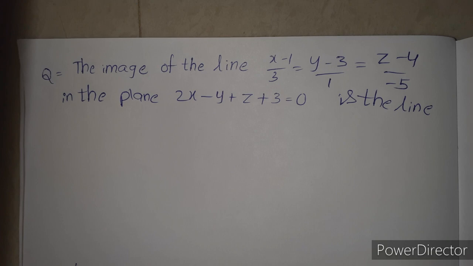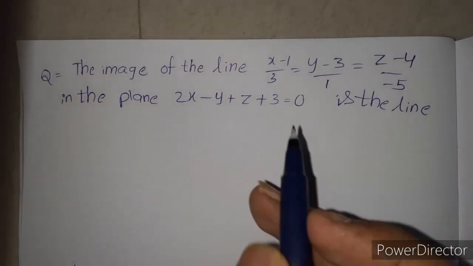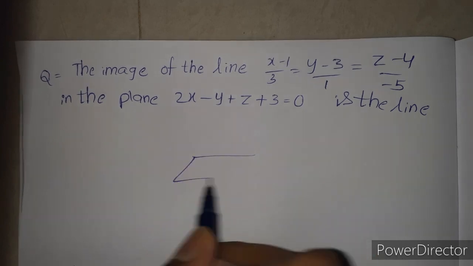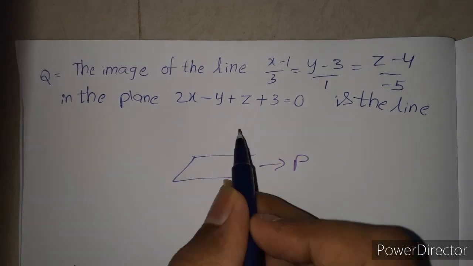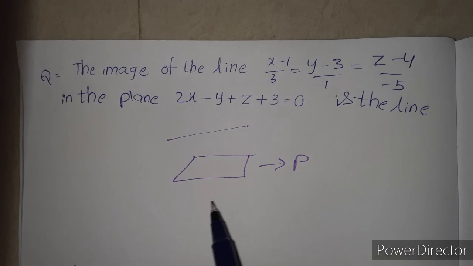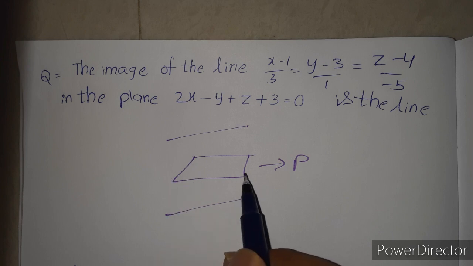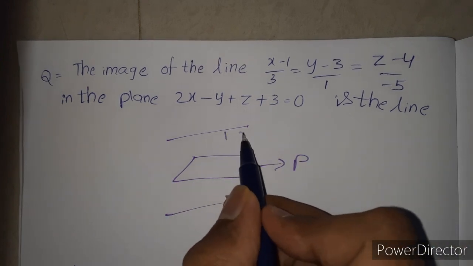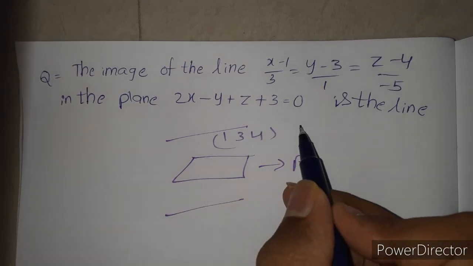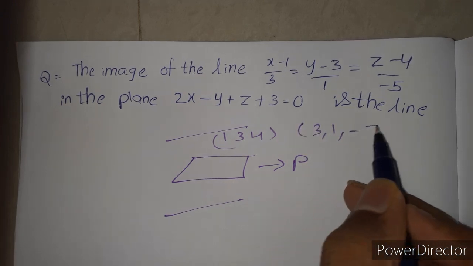The given question is we need to find the image of this line with respect to this plane. So let this be the given plane, and let this be the given line. So we need to find the equation of this line, which means it must be the image with respect to this plane. So it is passing through 1, 3, 4 with direction ratios 3, 1, minus 5.